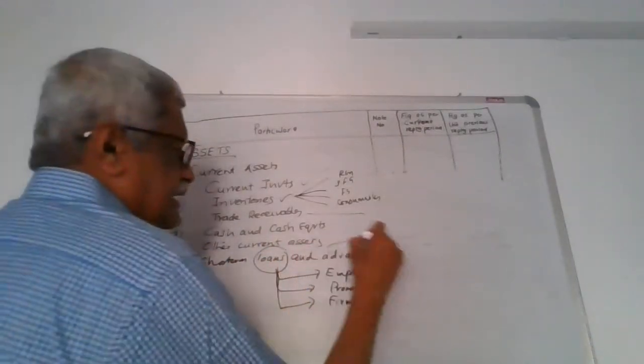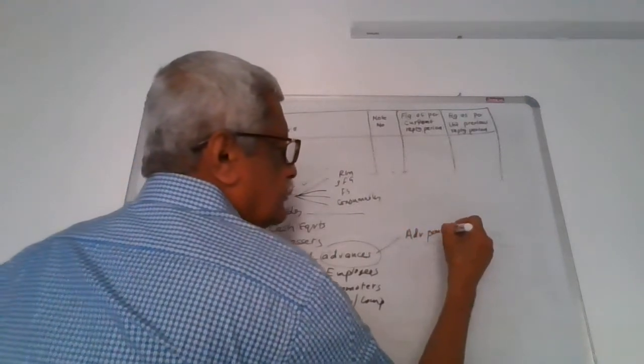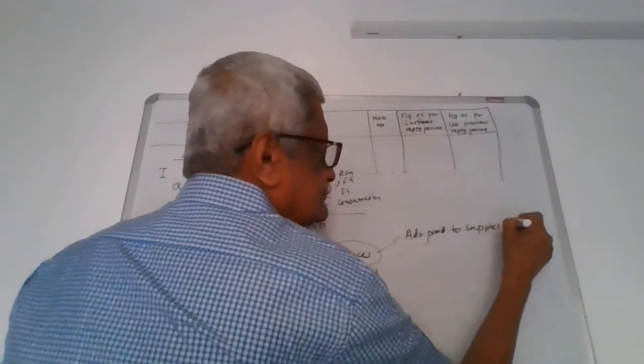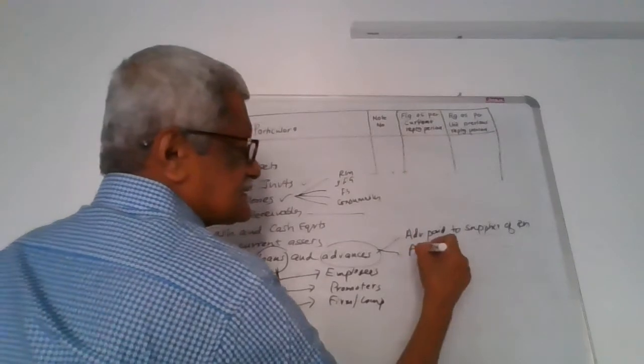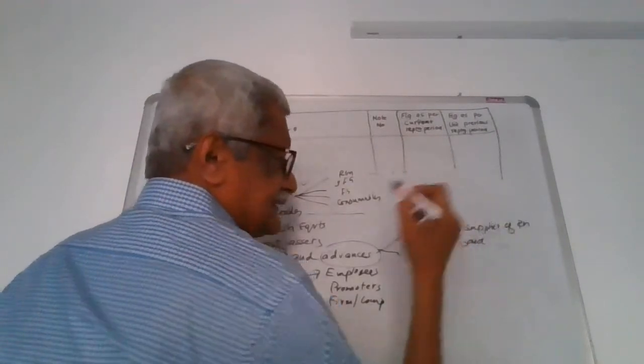When I come to the advances, the examples could be advance paid to the supplier of raw material, and second, advance tax paid. They come under the category of current assets.